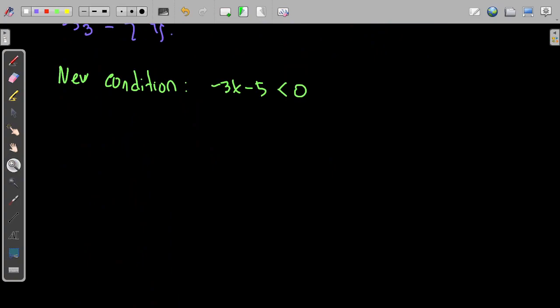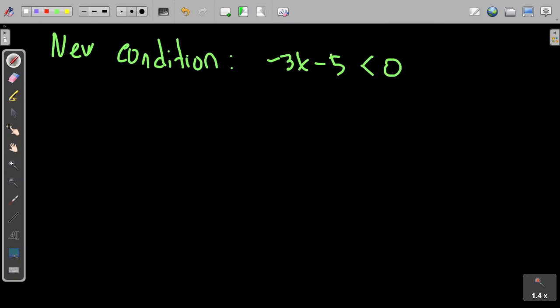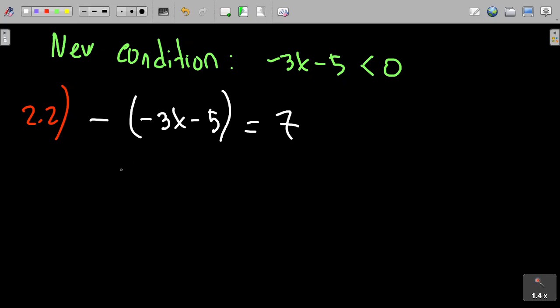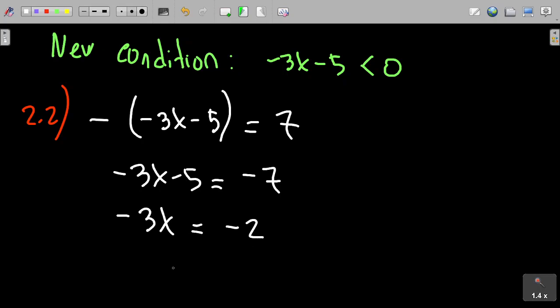So my new equation, the equation 2.2, will be the opposite of negative 3 times x minus 5 equals 7. Now we get minus 3 times x minus 5 equals negative 7, and minus 3 times x equals negative 2, and finally x equals 2 over 3.